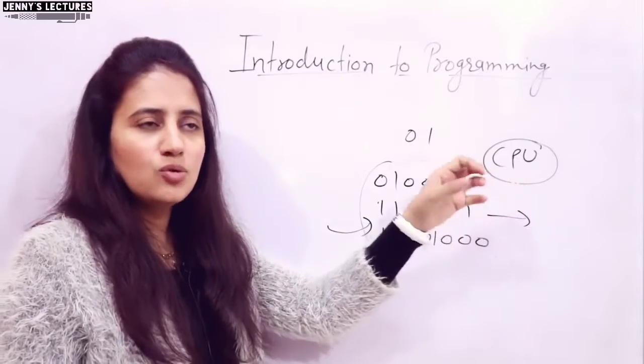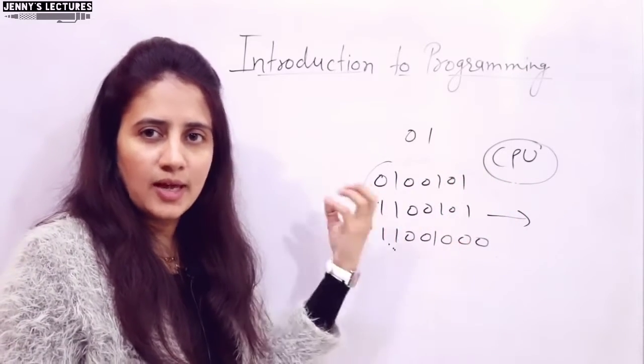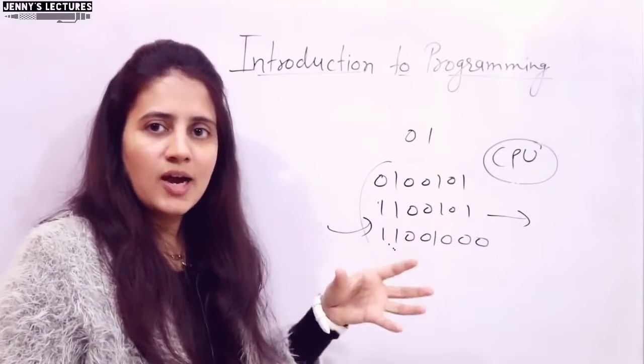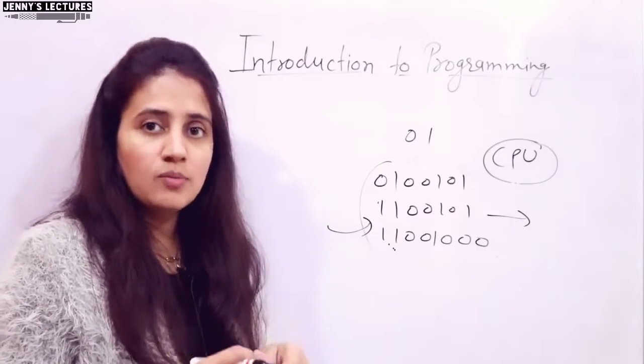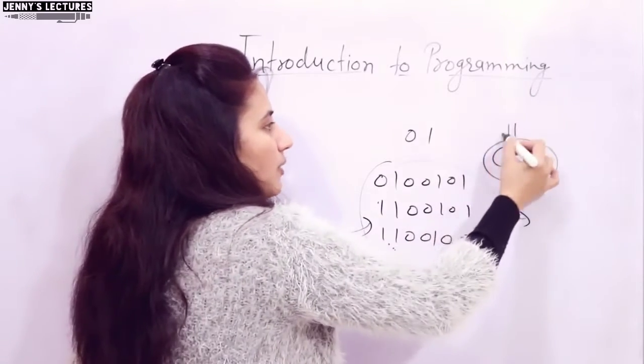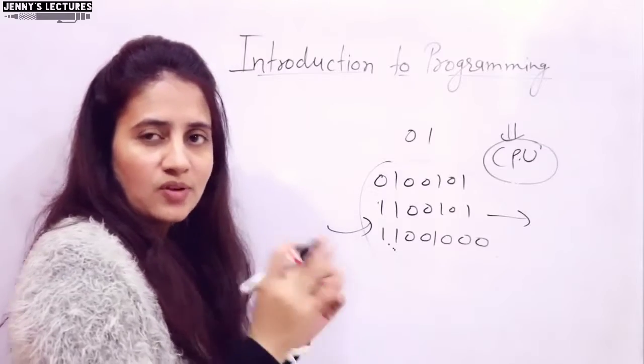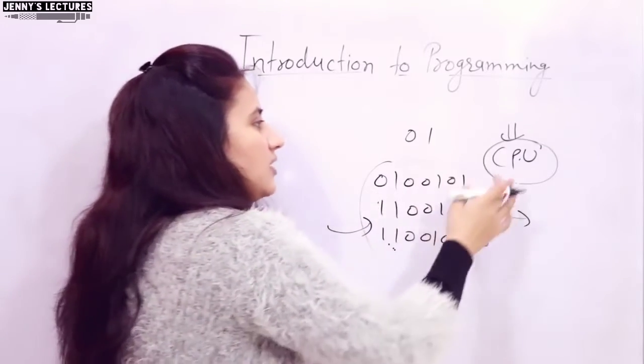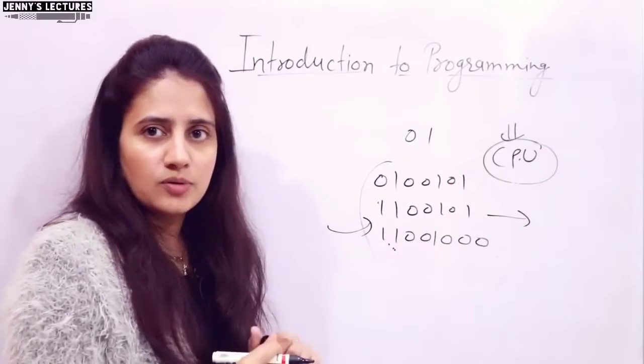This is the heart of the computer. The calculation, the computation, the task you need to perform on the computer is going to be performed by the CPU. More specifically, the CPU will give you the output, right?